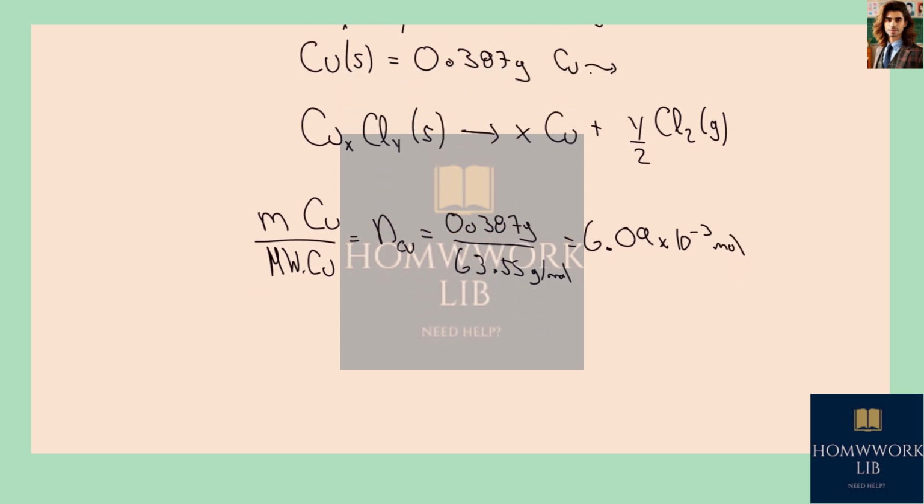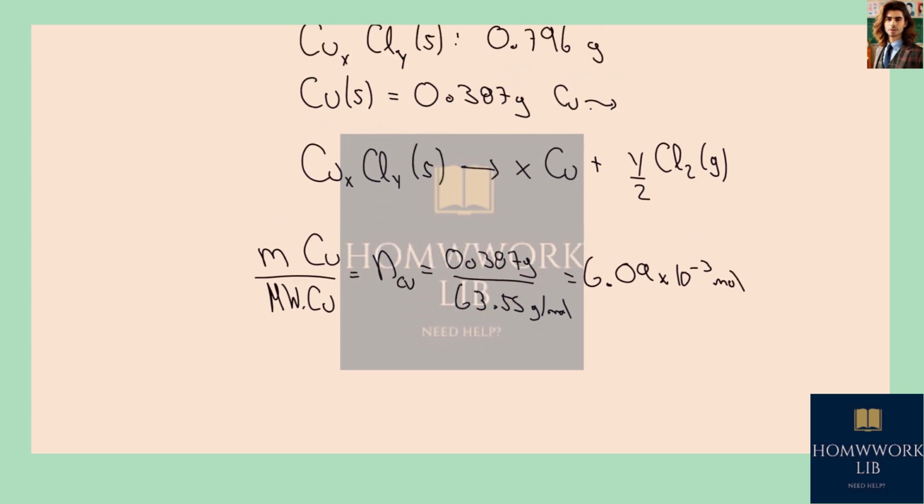And now the rest of the mass is going to correspond to chlorine atoms. So mass of chlorine is going to be equal to mass of the unknown compound minus mass of copper. This is going to be 0.409 grams.